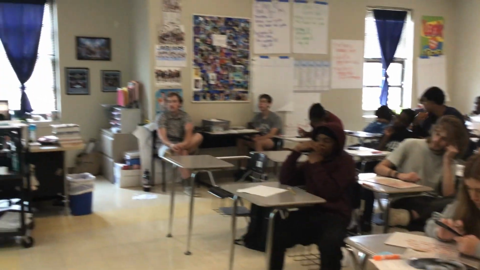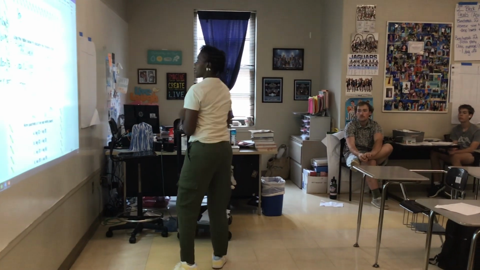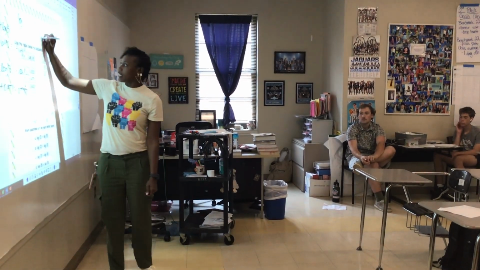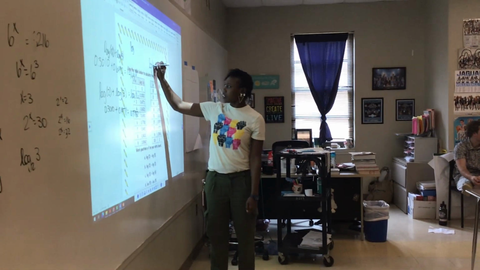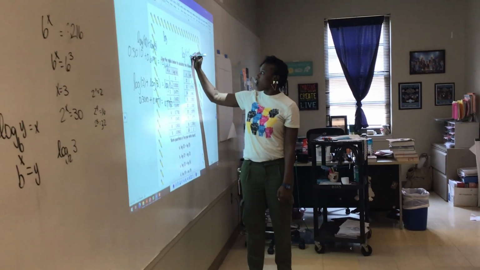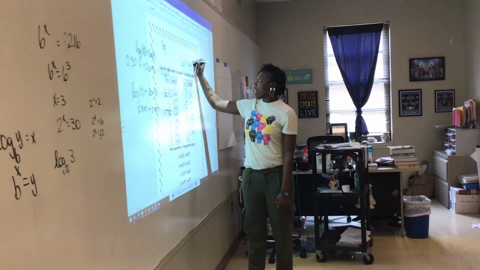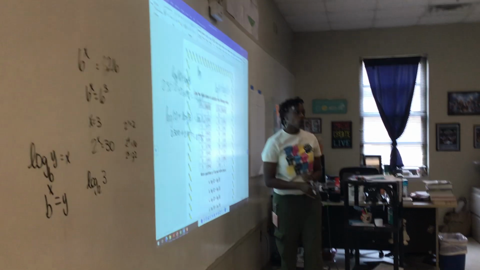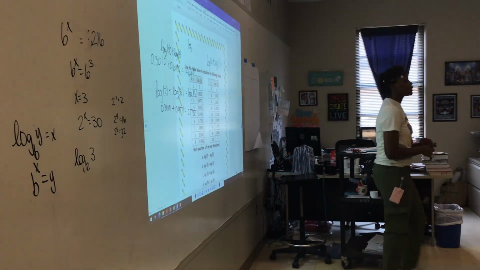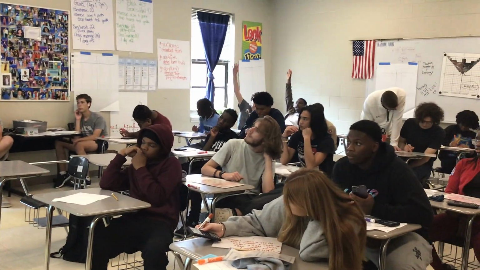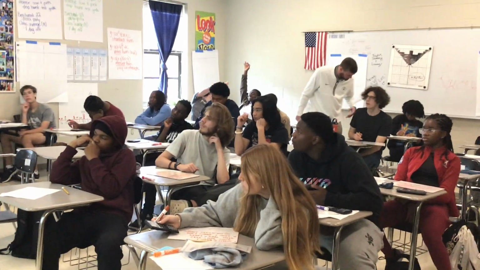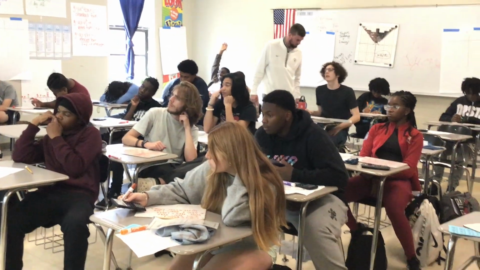So, I want you to now figure out what this is gonna end up being. Raise your hands. Y'all are in the same group. Let's get a different group in it.